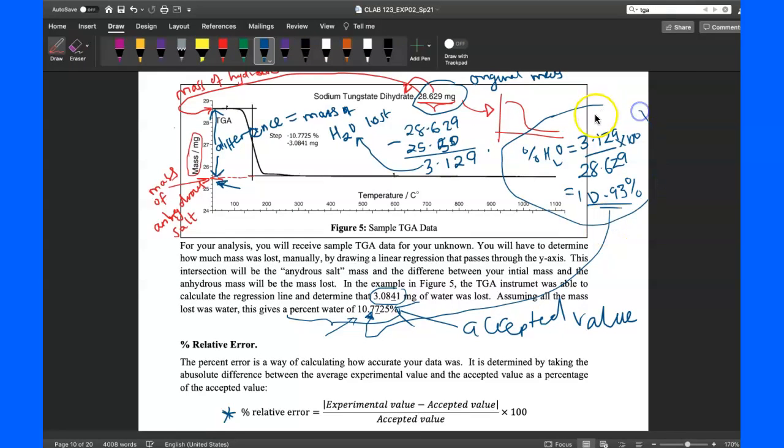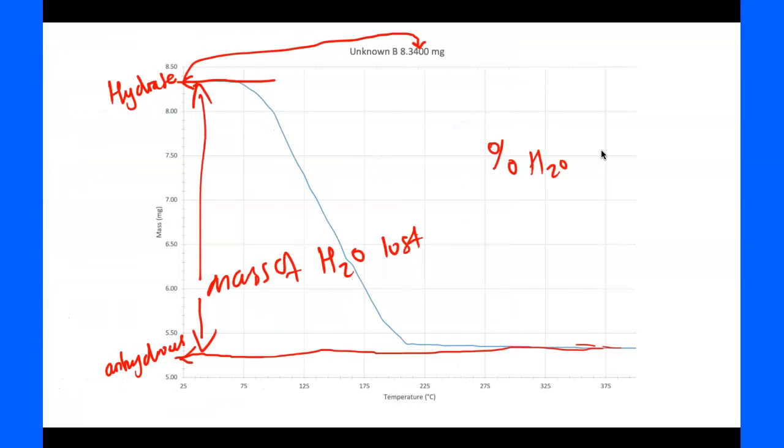You just take the difference, hydrate minus anhydrous. That's the mass of water lost over the original, which you read directly from your graph, times 100, which means the original mass for this graph is right there. So that's how you work out that question.